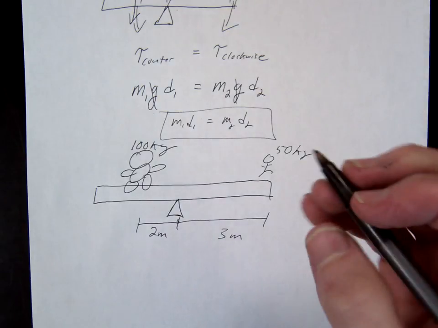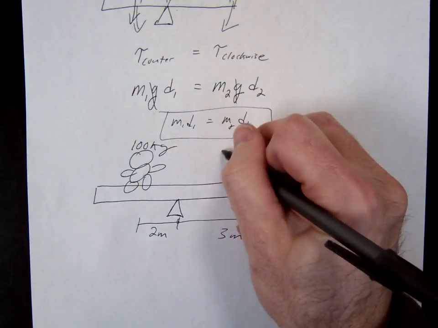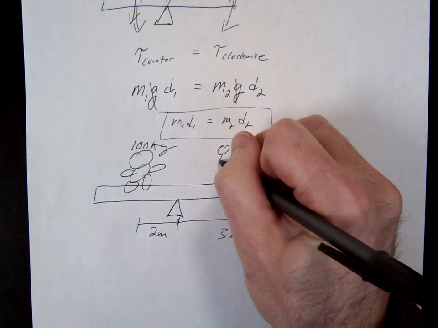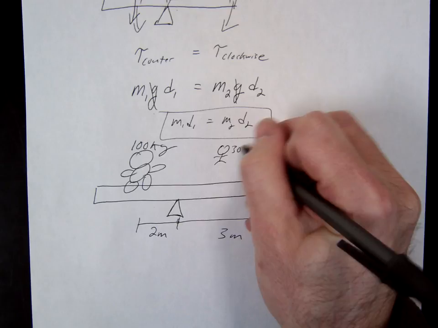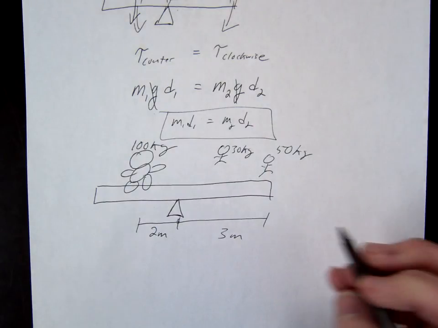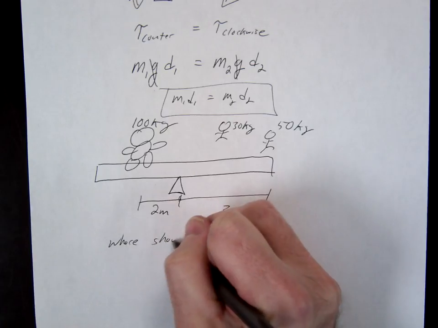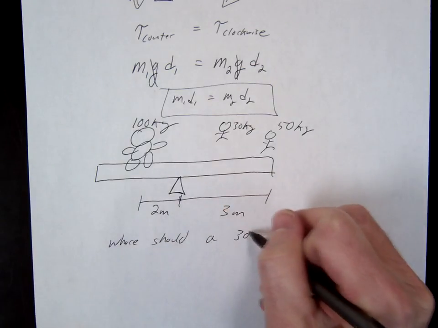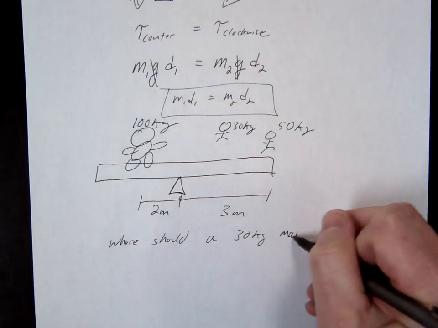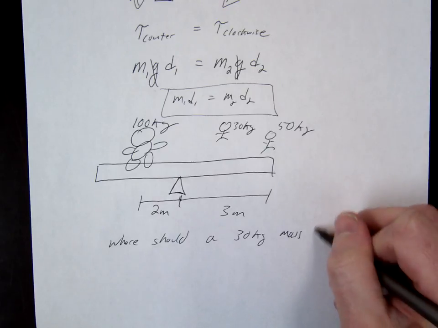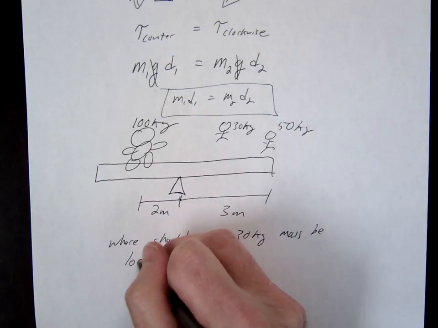Okay, so let's get little sister in on it. We're going to say she's 30. So the question is, where should a 30 kilogram mass be located to produce equilibrium?